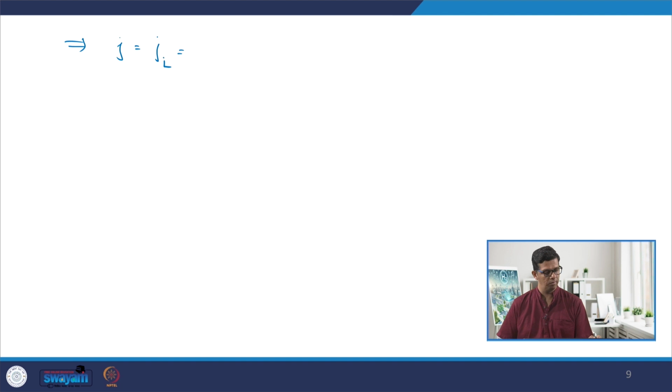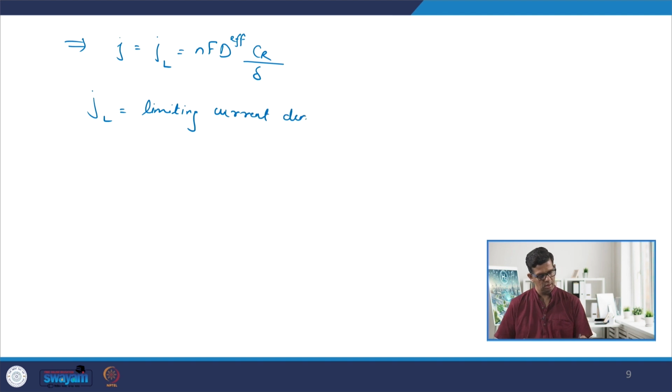We are introducing a new term here, which is nF D effective Cr by delta. And what is this JL? JL is nothing but limiting current density. What does that mean?